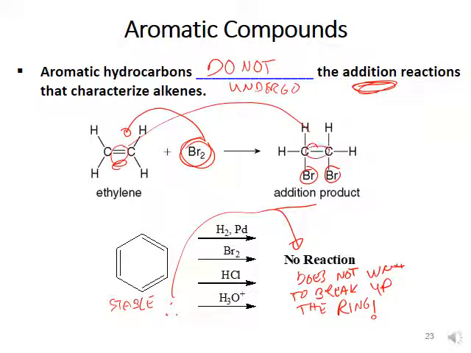Single bonds. If we added in the same way, we would break up the double bond, and then we would no longer have the aromatic system, which is extra stable. So that's not going to happen. And man, if you can start to think about these molecules and think in terms of what's stable, what's not, what will want to react and what won't, that will really help you a lot. However, as we will see shortly, there are some reactions that can go on. Let's see what those are.